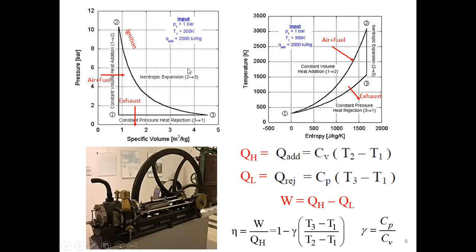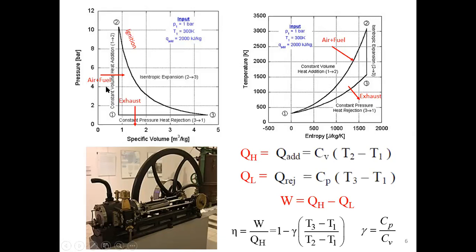Look at the processes that happen in the Lenoir engine. I show you here both the PV diagram and the TS diagram. This is the theoretical diagram, and in another slide I will show you the actual diagram. Theoretically, everything starts with the isochoric process, or constant volume heat addition.